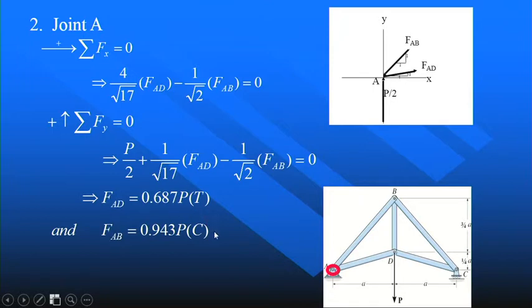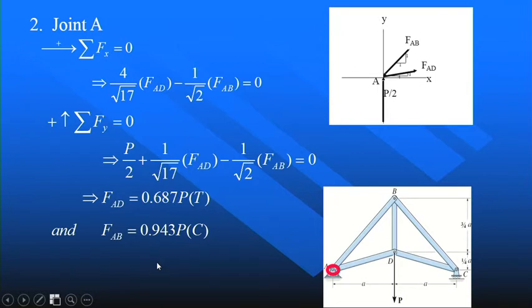And FAB equals 0.943 P in compression. These two answers are obtained using the simultaneous equations.